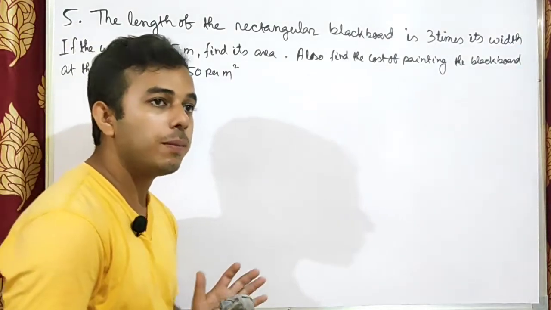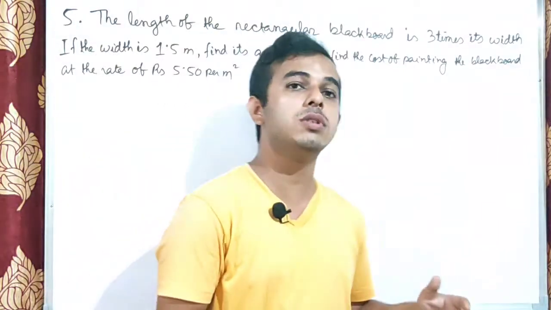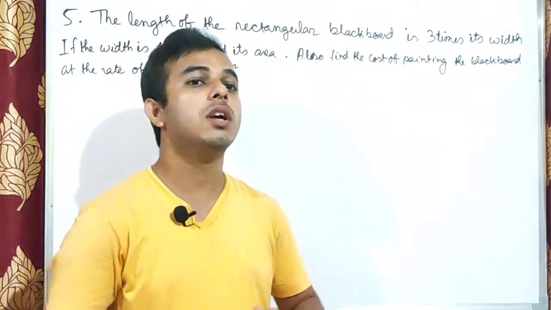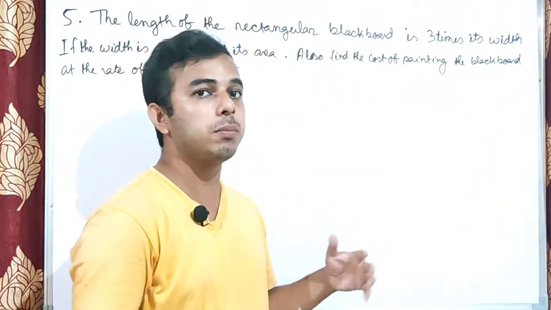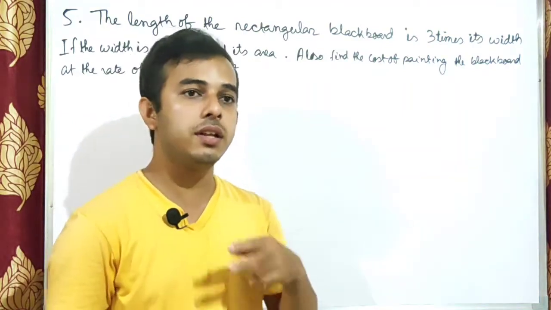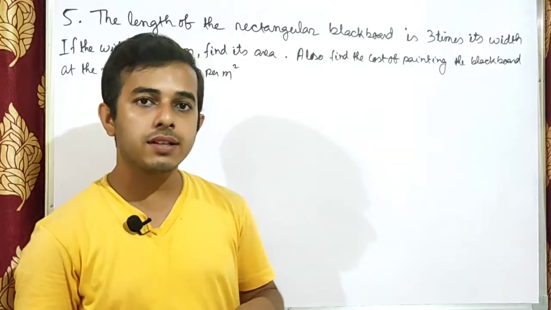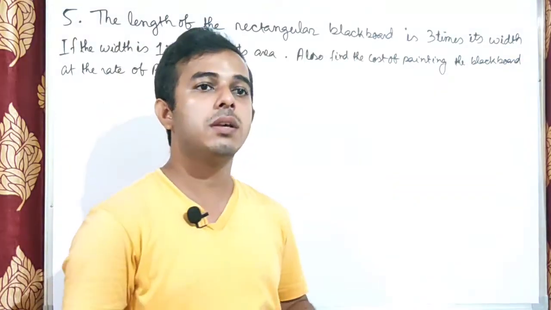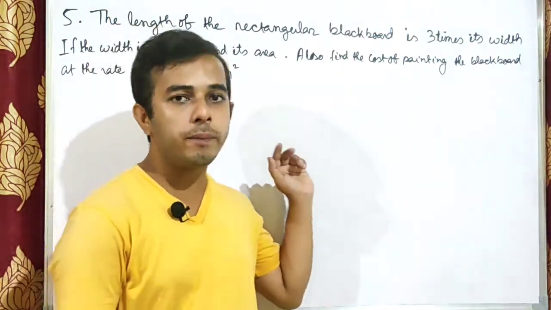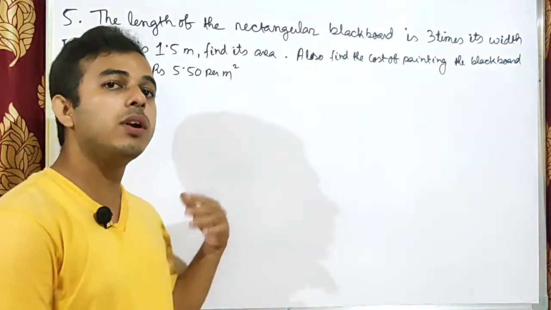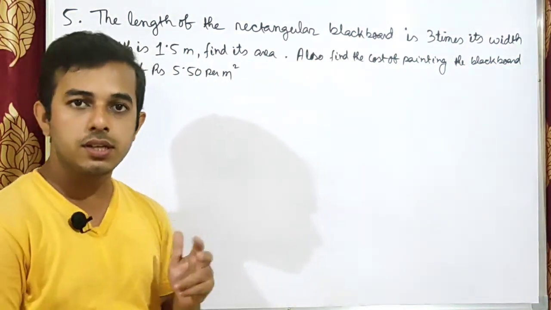Okay. So here it is given that there is a blackboard whose length is 3 times its width. We don't know the length, but the relation between length and width is given. That is, if width is x, length will be 3x, but here width is how much? 1.5 meter. So length will be what? 3 into 1.5 meter, isn't it?